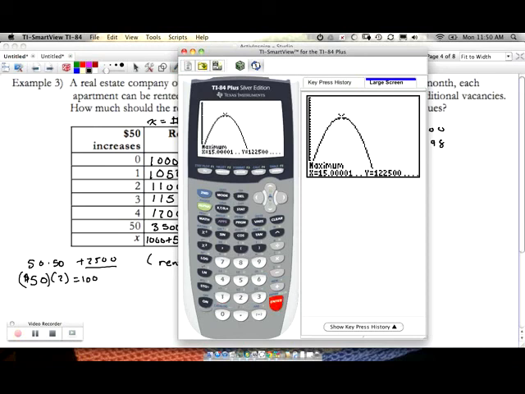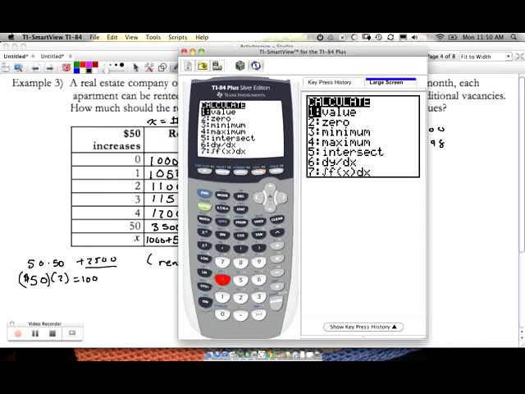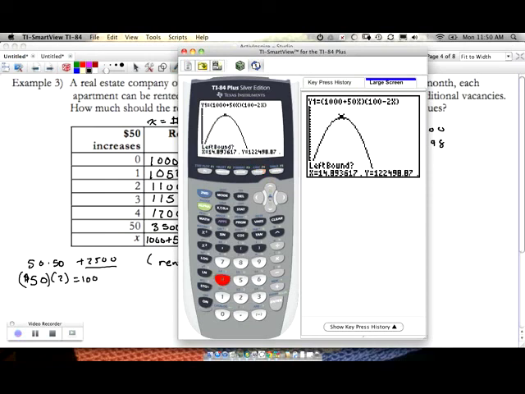Right at 15. So let's calculate that again, but go a little bit lower just to make sure. Left bound, I'm going to do 12. Right bound, 18. Middle, let's say about 15. And it gets 14.99995, so we actually hit it right at 15.